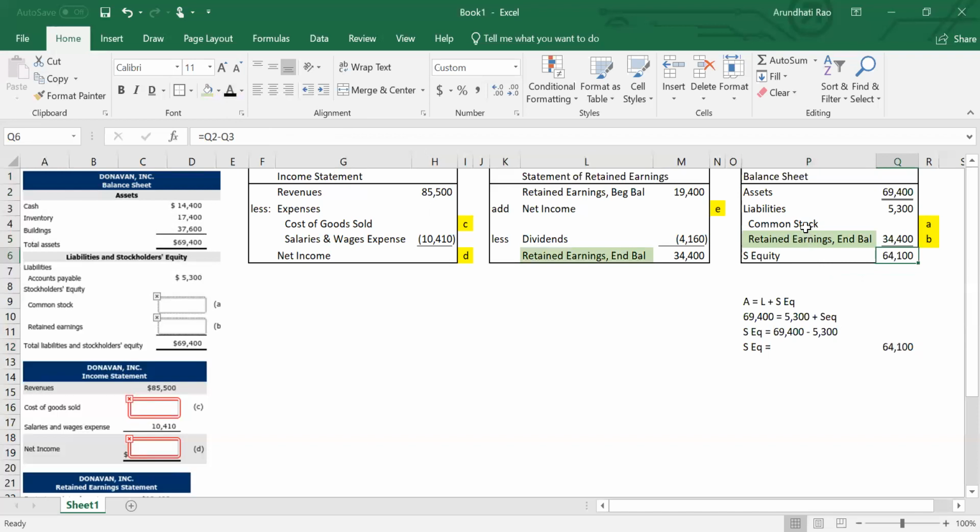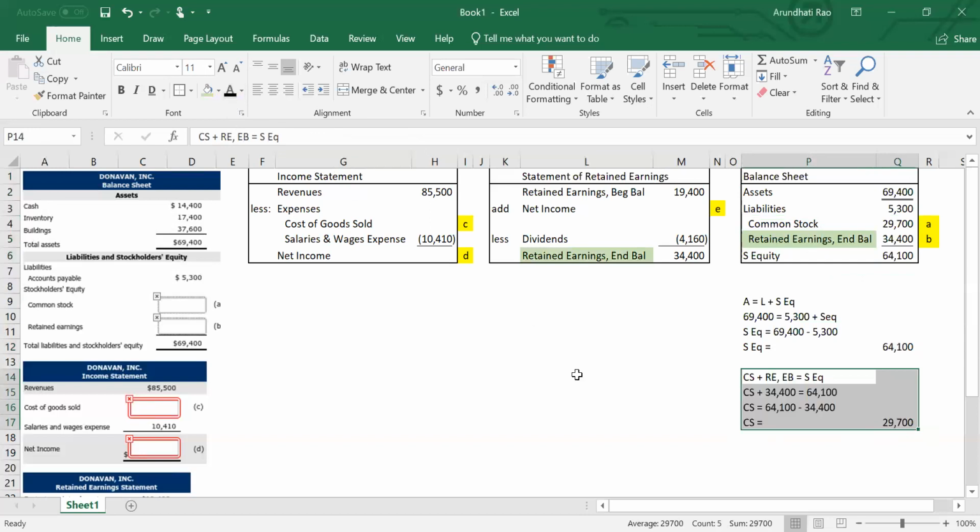Now I know my common stock plus retained earnings ending balance is the stockholders' equity. Now I know two numbers, therefore I can find out this missing number. So again, if I set this up in an equation, common stock plus retained earnings ending balance equals stockholders' equity.